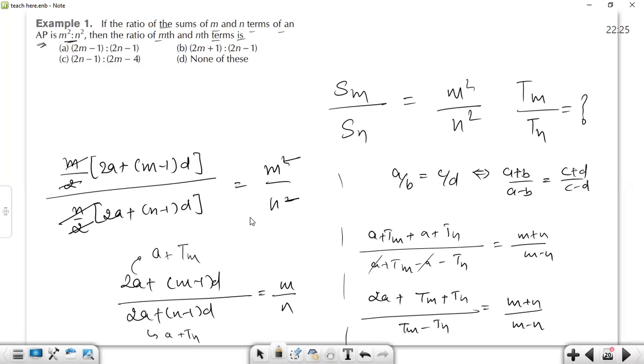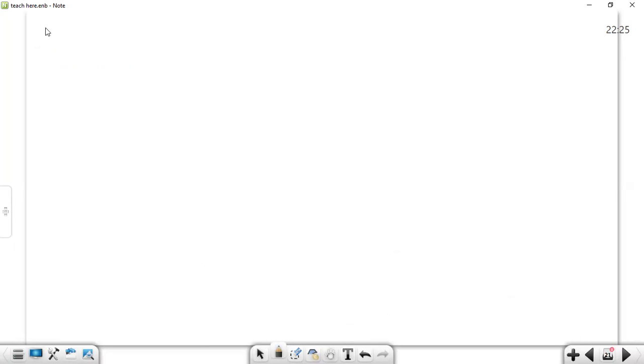Okay. So what if we try another approach, because from this we are not concluding any solution. The sum of m terms and the sum of n terms. Okay. So let's consider one thing. Let n become m minus 1.